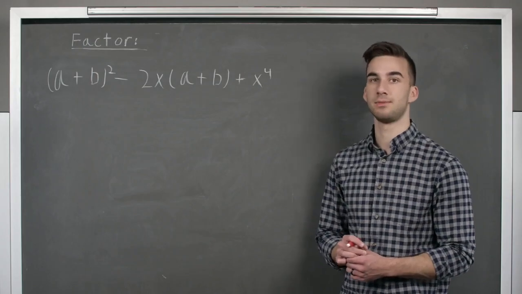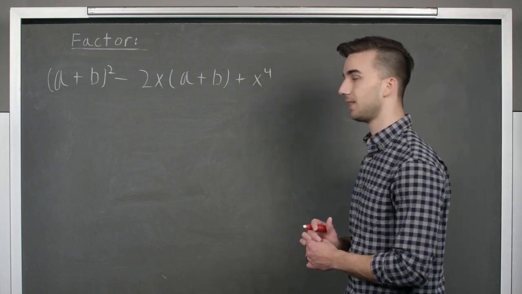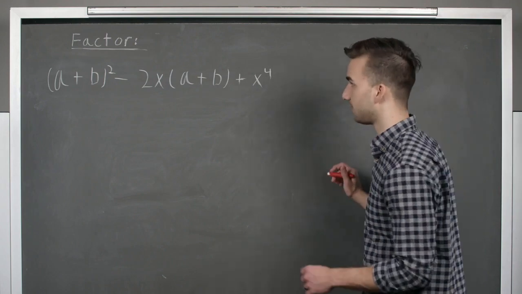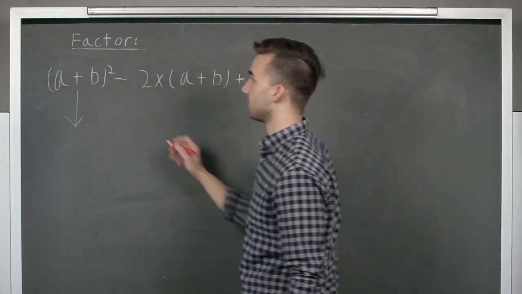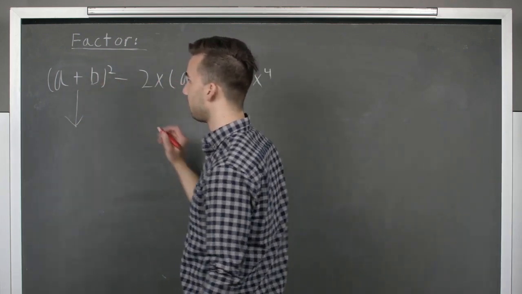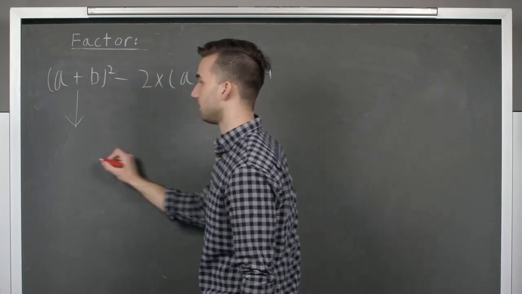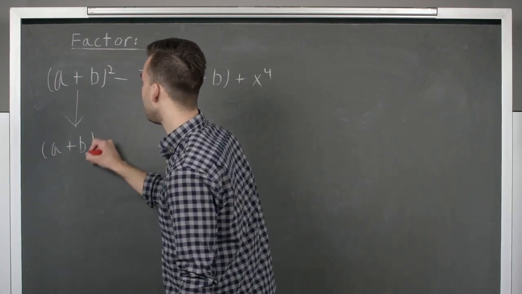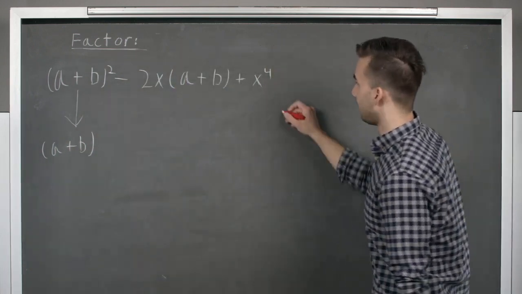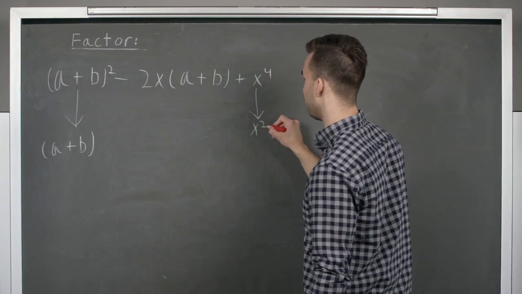This example, we can also factor using perfect squares. Let's take the square root of the first and third term. The square root of anything squared is just that thing, right? So for a plus b squared, if you take the square root of that, it gets rid of the square. So a plus b is our square root, and the square root of x to the power of 4 is x to the power of 2.